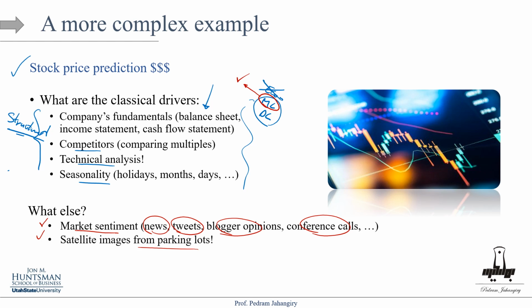If that's the case, then you're dealing with unstructured data, and the answer is going to be deep learning. Okay. So I hope that with this more complex example, you realize what is available to you as a researcher, and when you should pick econometrics, machine learning, or deep learning.